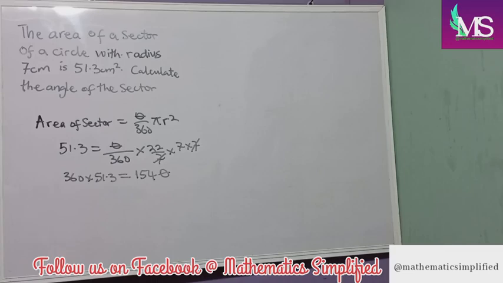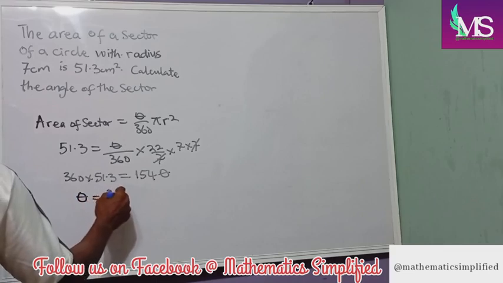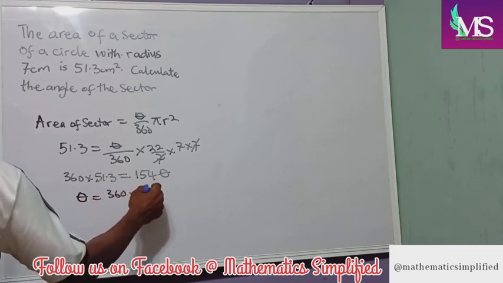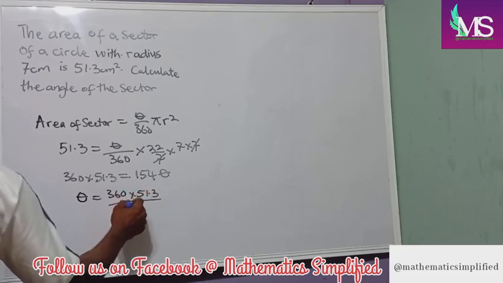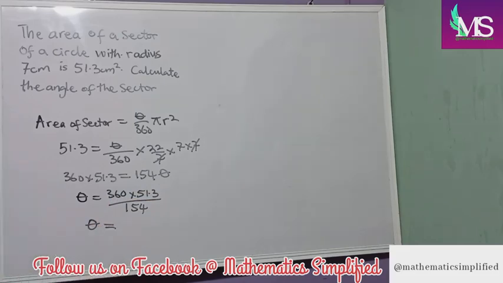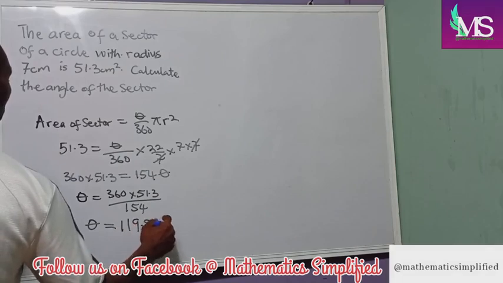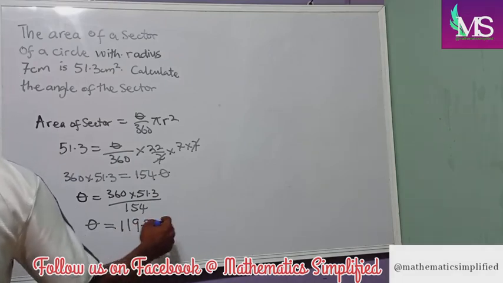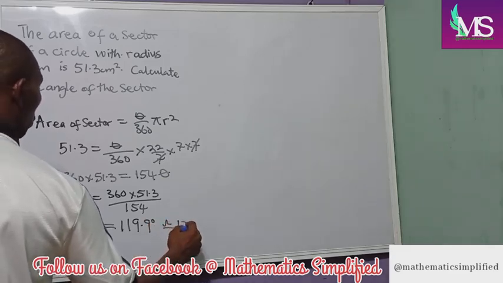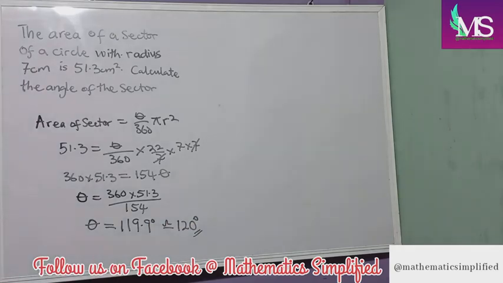To make theta our subject of formula, theta equals 360 times 51.3 all over 154. So our theta after calculation will be 119.9 degrees. To the nearest degree, that gives us 120 degrees. So the angle theta is 120 degrees.